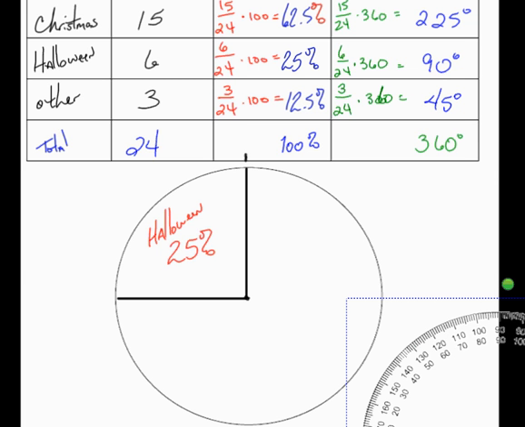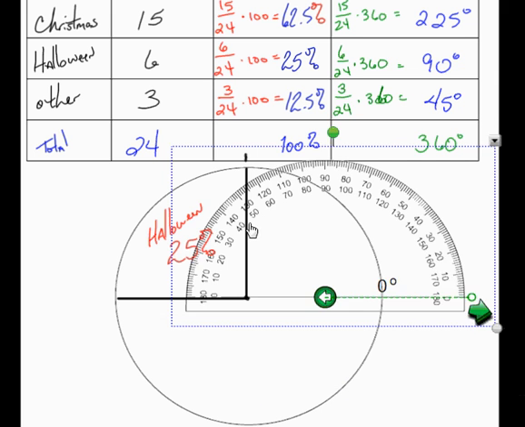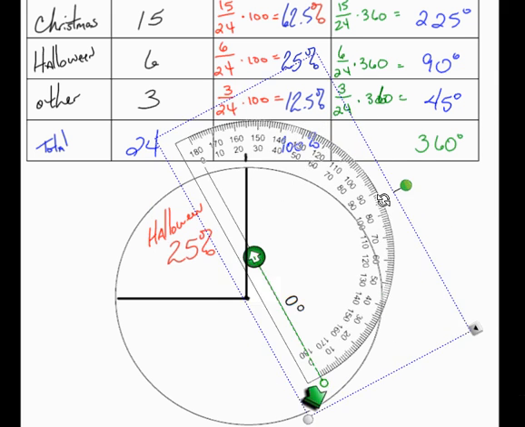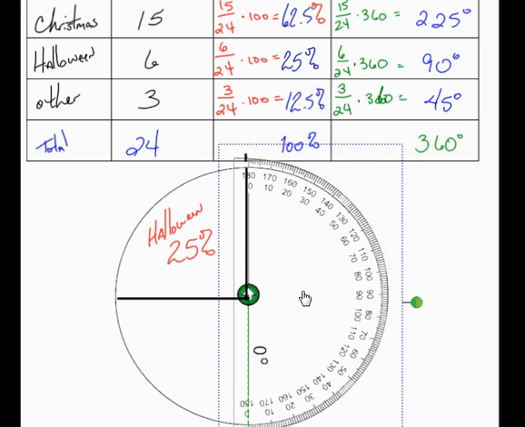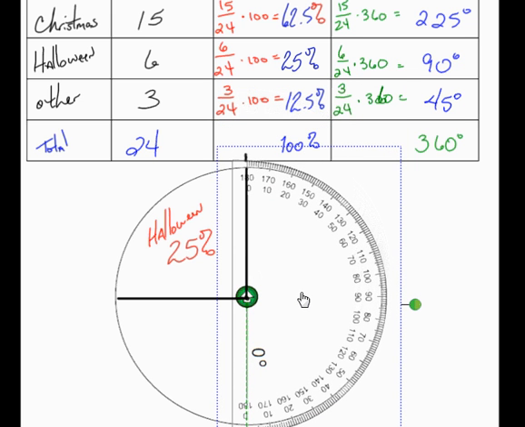Next, I would probably do my 45 degrees. I can work off either the vertical one or the horizontal one. I'm going to work off the vertical one. So to work off my vertical one, I need to first turn my protractor so that it goes here, and I'm going to line it up and mark where 45 degrees is. 45 degrees is right here.